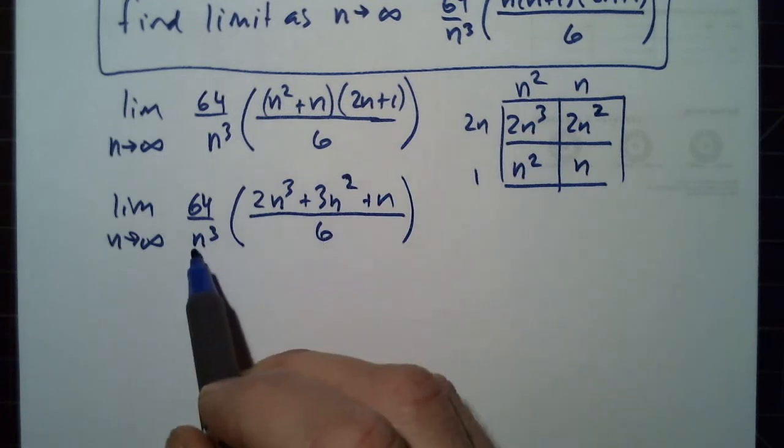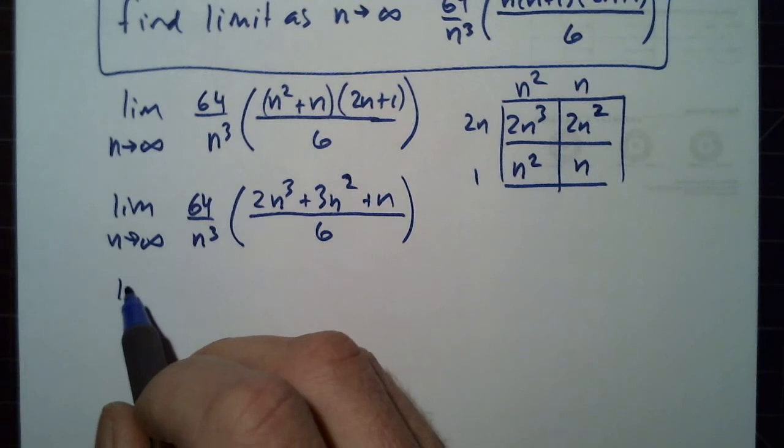Then let's put the 6 out in front and put the n cubed under each of those.